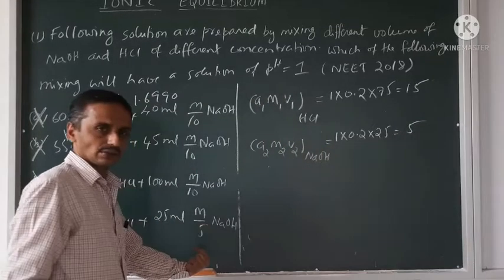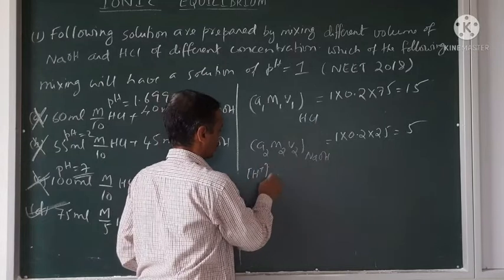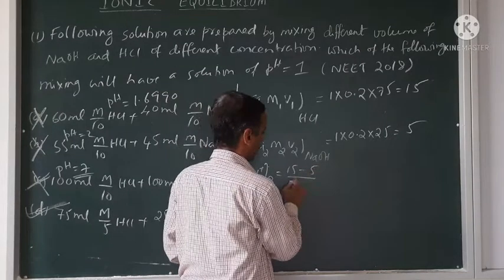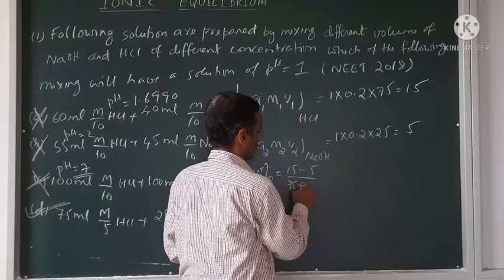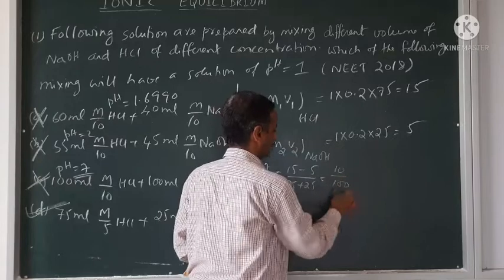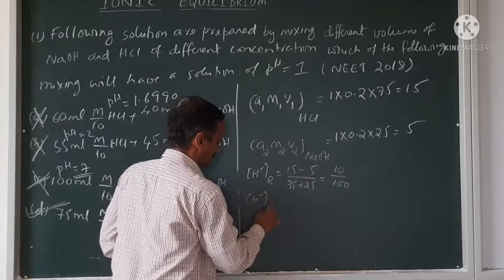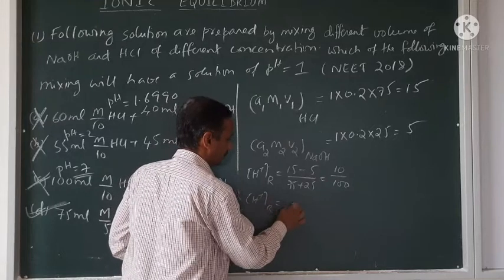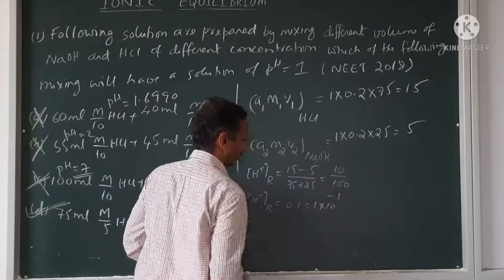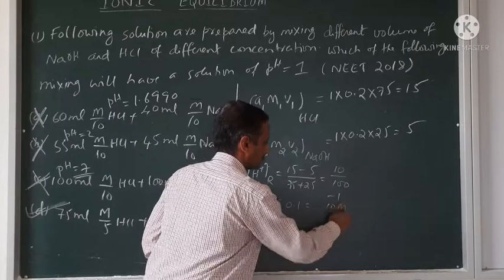So net H plus ion concentration remaining is equal to 15 minus 5 divided by 75 plus 25, which is equal to 10 by 100. That is H plus remaining is equal to 0.1, which I can write as 1 into 10 to the power minus 1, or 10 to the minus 1 M.